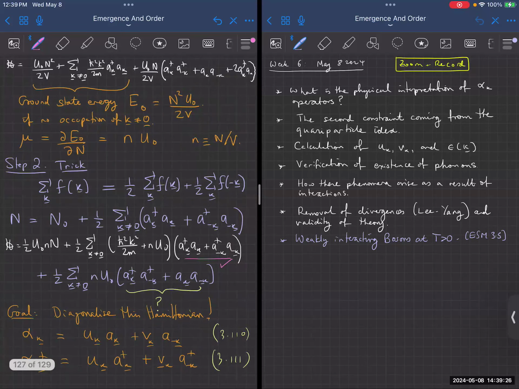Then what we did was we rearranged this form for the Hamiltonian, and there's nothing particularly interesting in that. But we replaced the operator in the ground state A0, the condensate occupation number, with the total number of particles in the system, and so we ended up with a form that is shown at the top of the left-hand page. Okay, now that's all well and good.